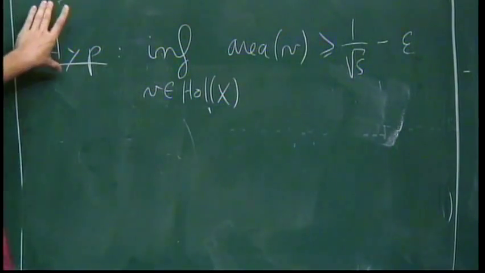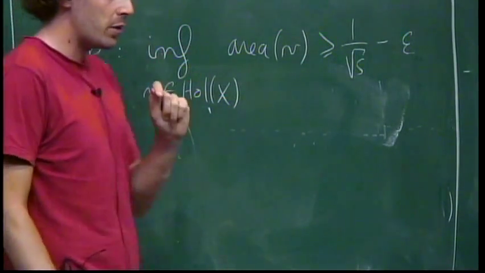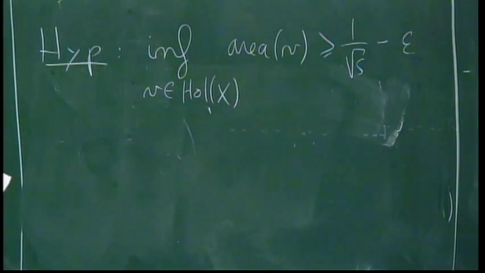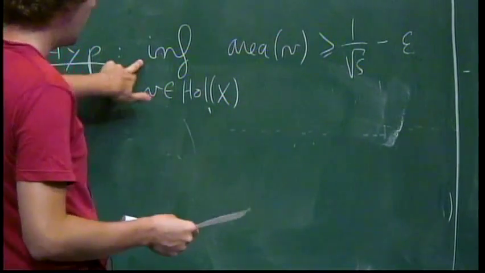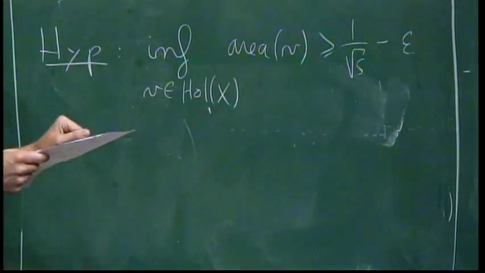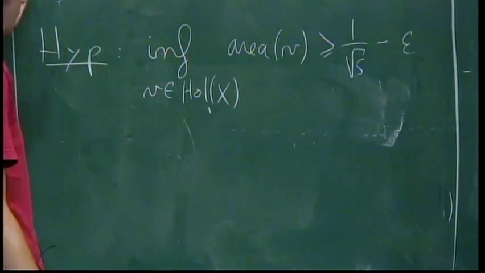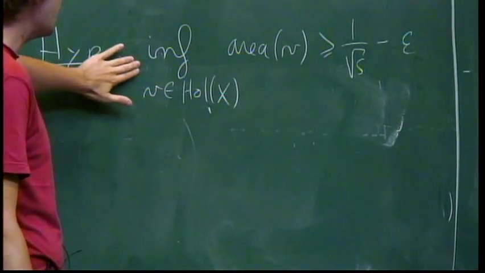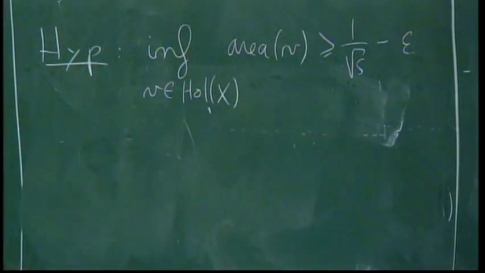So the analog here is that you can look only at surfaces for which the GT orbit, where GT is my diagonal matrix, is periodic. And when you have this periodic geodesic, the liminf is just an inf. So this is a bit stronger than what I stated, but this is enough. So the game is you know that, and you want to prove that actually this inf is 1 over square root of 5 and no more.